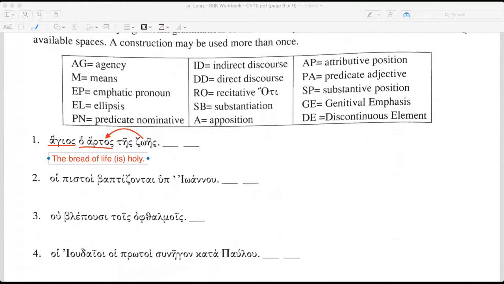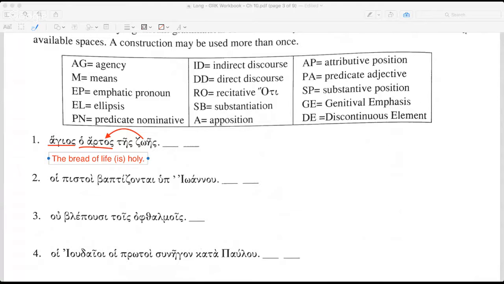Probably not. Do we remember how they function? I mean, predicate nominatives are essentially equivocal clauses, aren't they? They are, but I would be careful because, for example, the bread of life is holy. Yeah, so Long has this as holy as the bread of life, and I'm trying to remember if word order was important in the chapter, and my brain's not functioning right now. So that may be of significance.